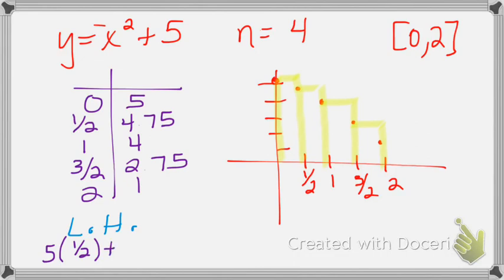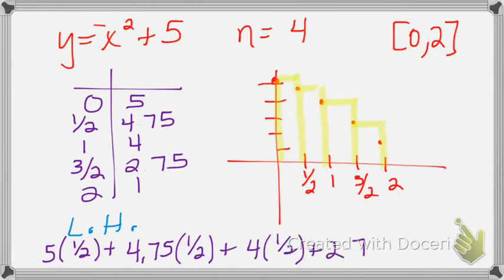The height of the second one is 4.75. The width is a half. The height of the next one is 4, the width is a half. The height of the next one is 2.75, and the width is a half. And you get 8.25 there.